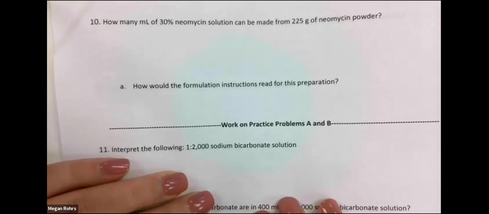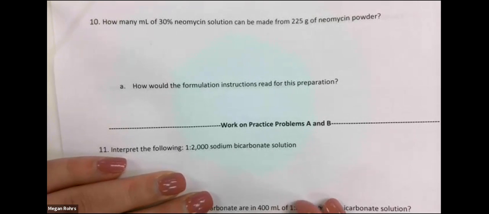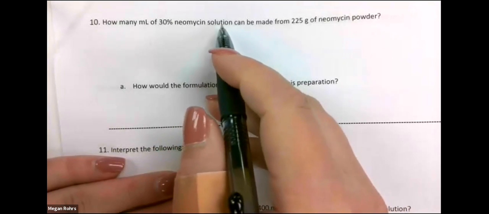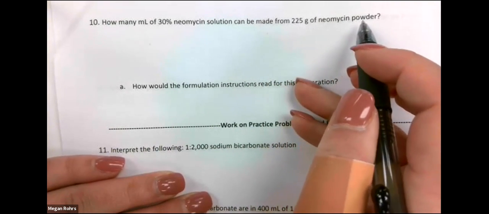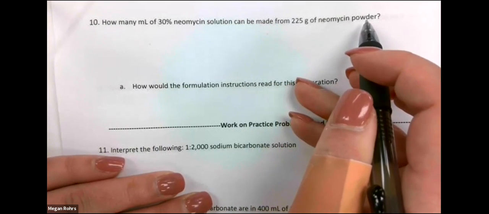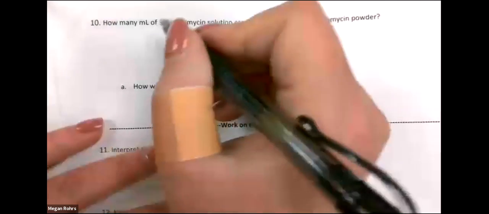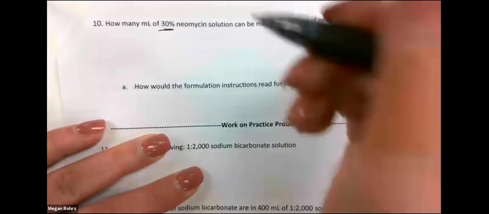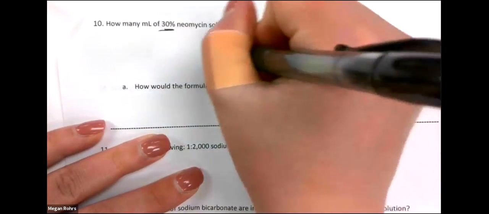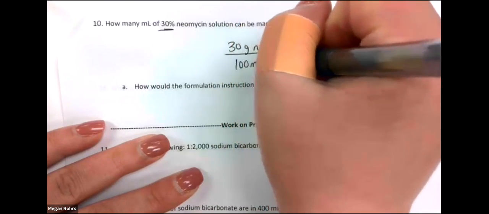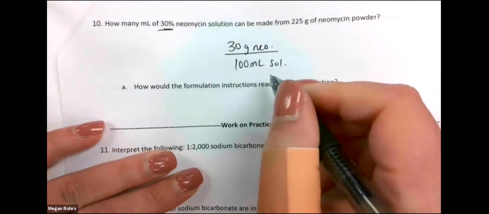All right, so the last percentage strength example here. How many mils of a 30% neomycin solution can be made from 225 grams of neomycin powder? So very similar to the last one. So we have a 30% solution, 30 grams of neomycin in every 100 mils of solution.